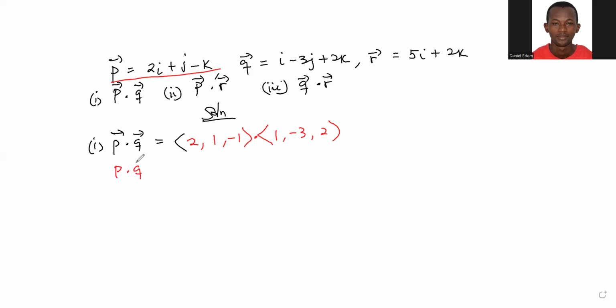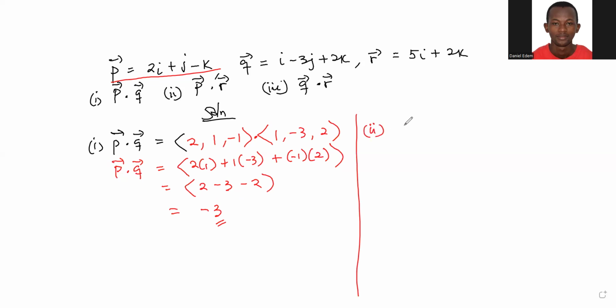So P dot Q is going to give us 2 times 1 plus 1 times negative 3 plus minus 1 times 2. So this gives us 2 minus 3 minus 2. Don't forget we said that when you find a dot product, it leaves an answer that is a scalar. So 2 minus 3 minus 2 will give you negative 3. So the final answer is a scalar, which is negative 3.